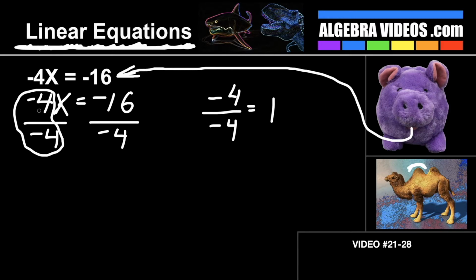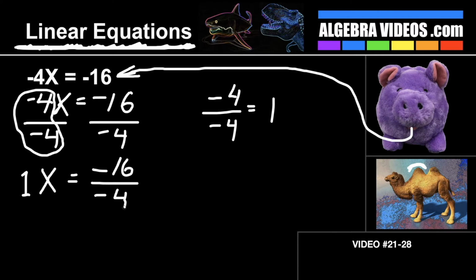So when I do that, negative 4 divided by negative 4 simplifies to just the number 1. 1 is one of our favorite numbers because it's just so easy to work with. So negative 4 divided by negative 4 is just 1. And then this x stays the same. So I'm just going to rewrite that. Nothing changed. Is equal to negative 16 divided by negative 4.